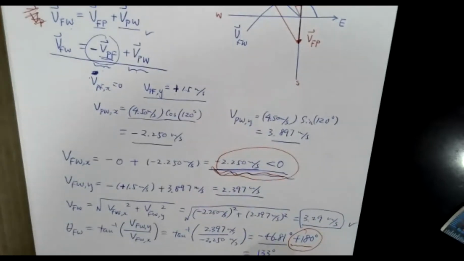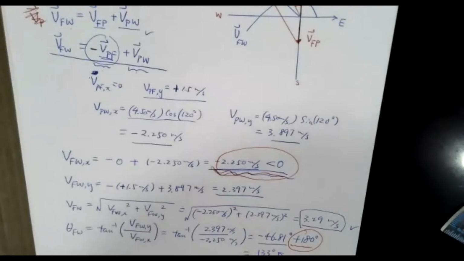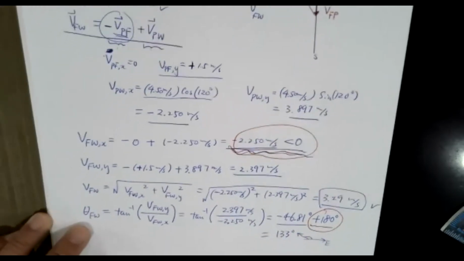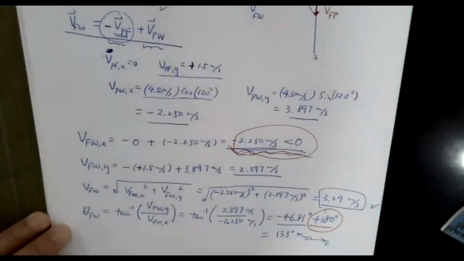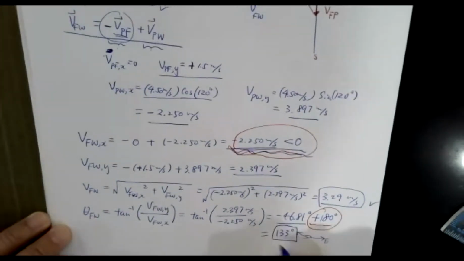This is counterclockwise relative to the east direction. You can indicate it in this way: you can say this is the east direction, this is my angle. Or you can write in words, this is with respect to the east direction. All right, so that's your directional angle.